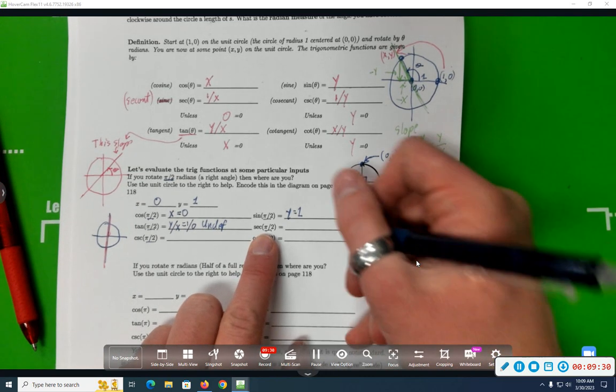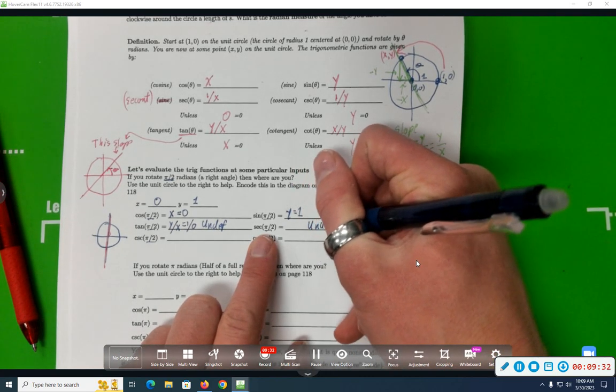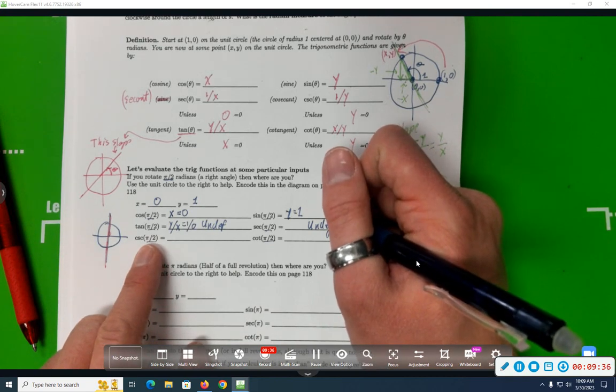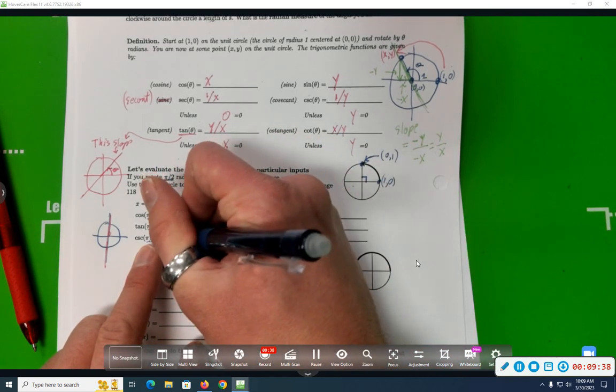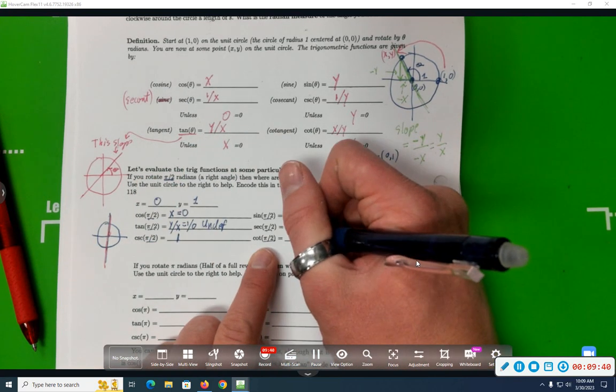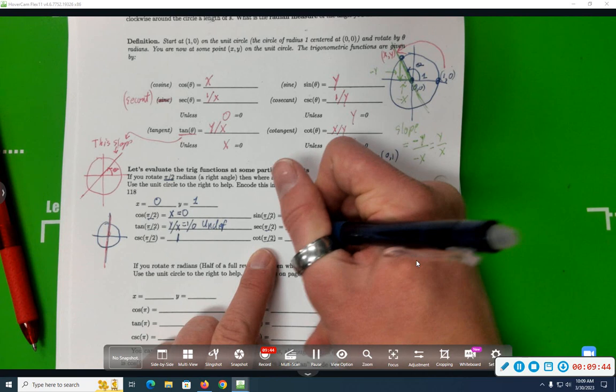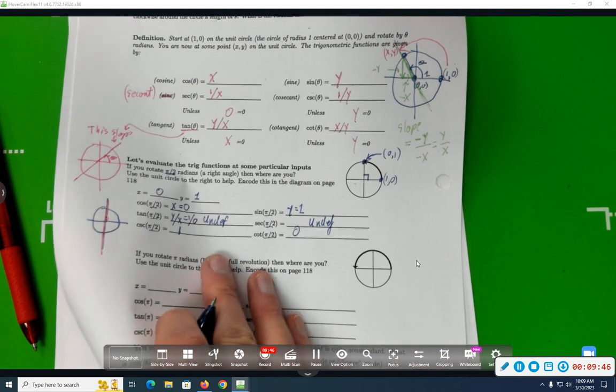How about secant? Also undefined, because x is 0. Cosecant? Cotangent? 0. Neato. And now I'll flip back to that page myself.